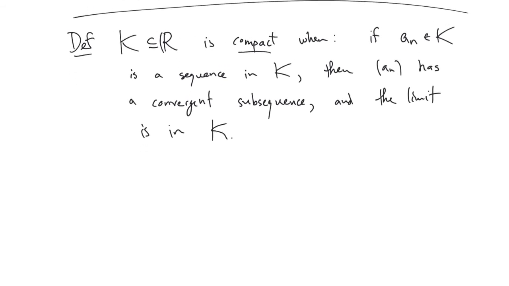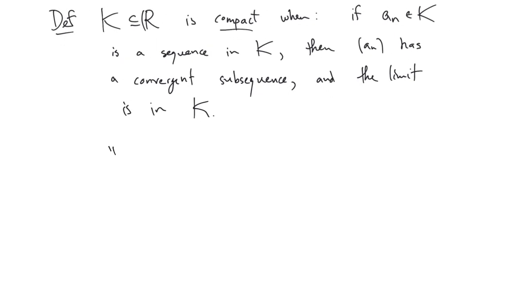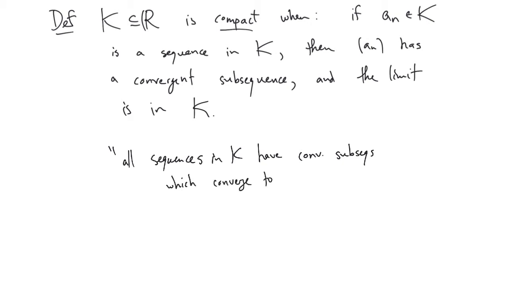The short form of this, the slogan that I would use if someone asked me what compact means: it means all sequences in K have convergent subsequences which converge to a point in K, right?